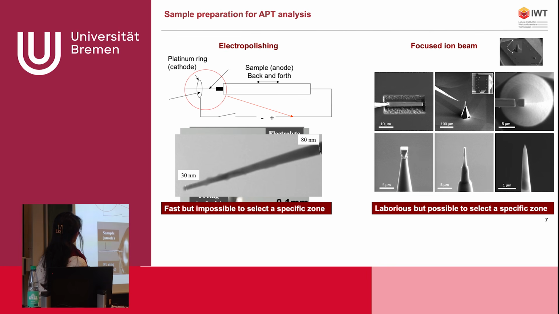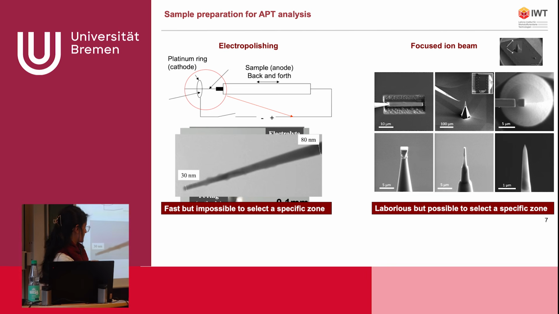We place a drop of an electrolyte that will stay in the platinum ring here, and then by applying a voltage, we go back and forth with our sample, which gets electropolished until we reach a very small radius of curvature.